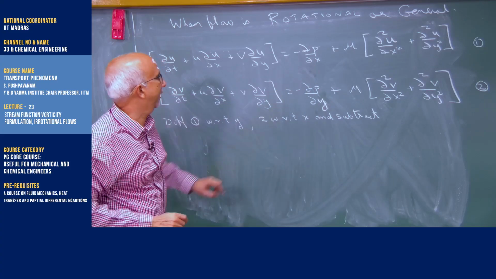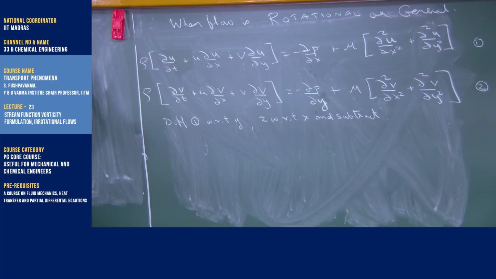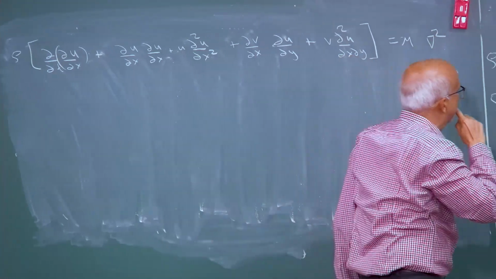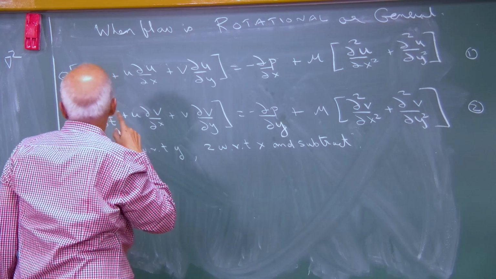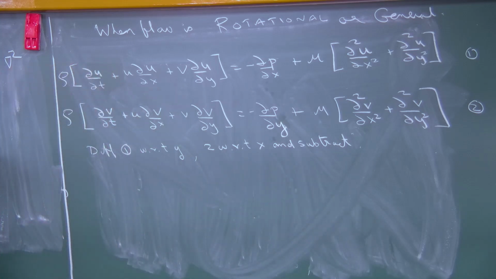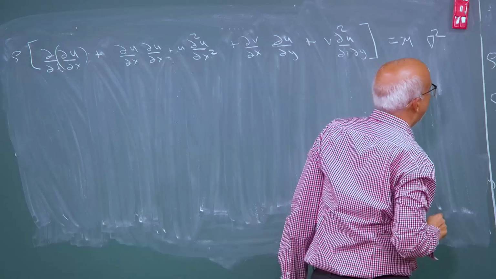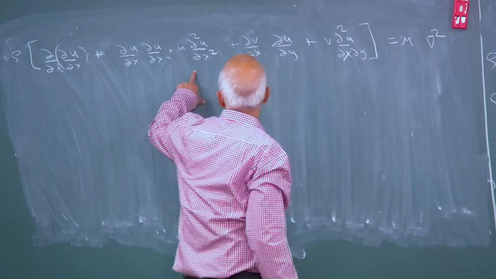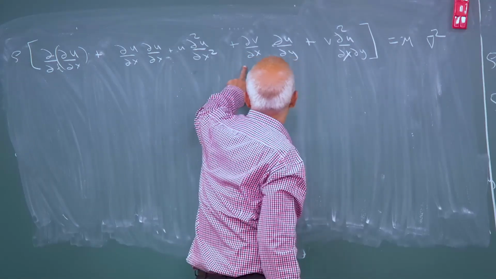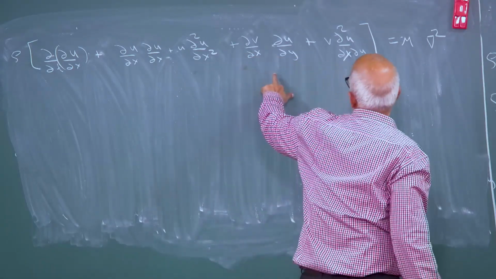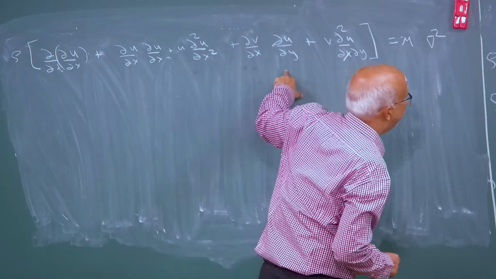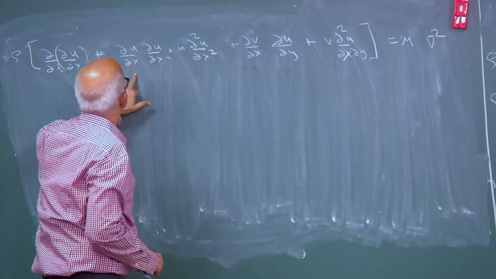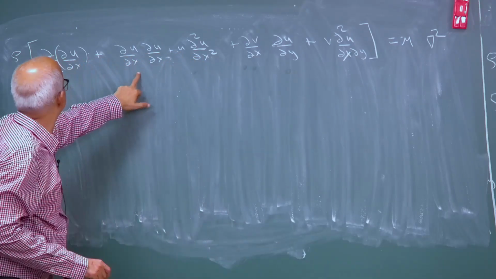Okay, and I am going to write mu equals mu times, yeah, this is y, huh? First one with respect to x. So what am I doing? dv by dx, du by dy, this one. Which term are you looking at?